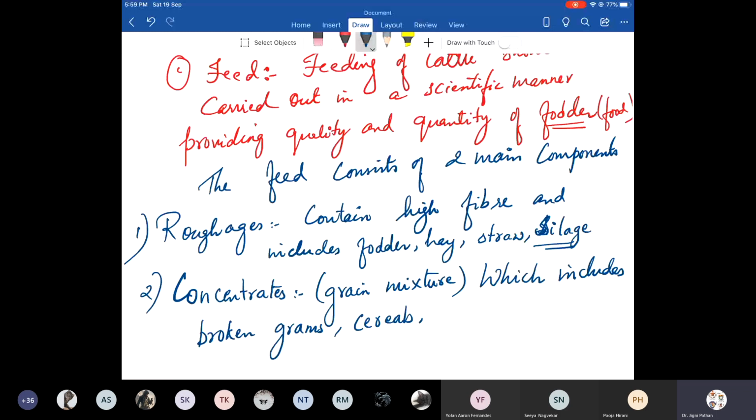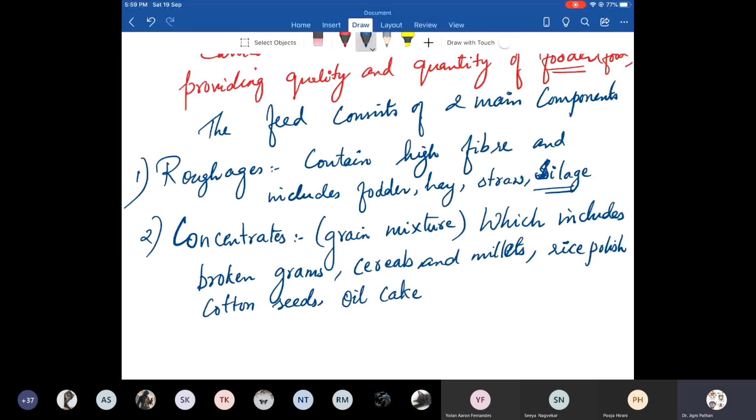These all are the grains. Rice polish, that comes out during the rice polish. Cotton seeds. Oil cake. Oil seeds.